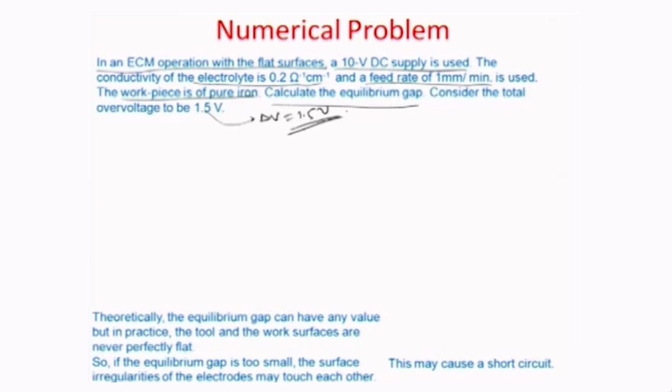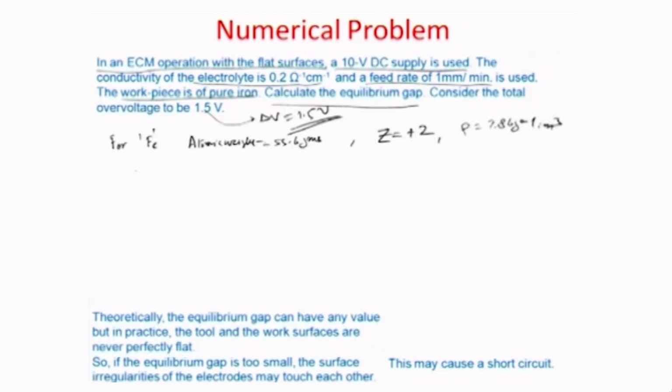So, let us first find out what the different parameters are for the workpiece material, that is iron. For iron, Fe, the atomic weight of iron, as you know, is 55.6 grams. Iron normally dissolves in the divalent state, ferrous state Fe plus 2. So, Z is equal to plus 2, at least the lowest valence state is treated here, and then the density of iron is 7.86 grams per centimeter cube.